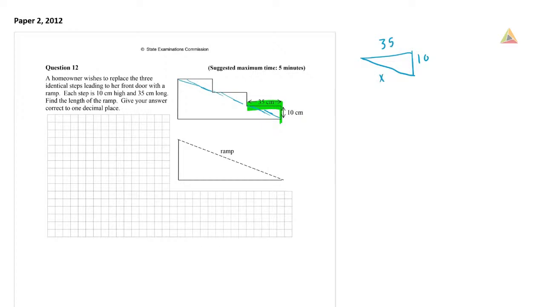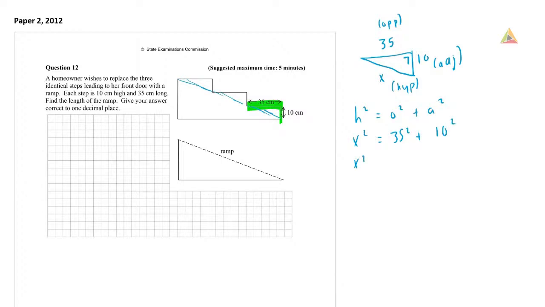I'm going to call it x. You can see that that's a right angle there. So because of that, we can say that x is the hypotenuse. I'm going to say 35 is the opposite, and I'm going to say 10 is the adjacent. So the rule for Pythagoras is the hypotenuse squared is equal to the opposite squared plus the adjacent squared. Hypotenuse squared in this case is x squared, equal to the opposite squared, which is 35 squared, plus the adjacent squared, which is 10 squared.